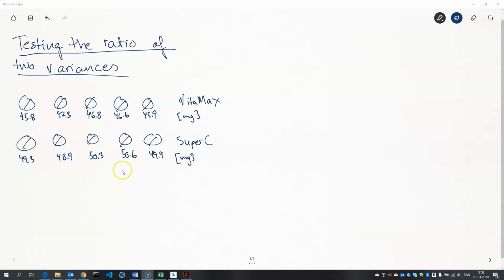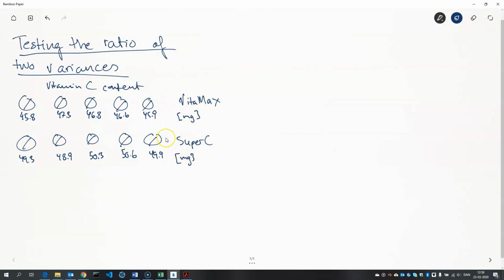We want to test the variances of the vitamin C content of two different brands of vitamin pills.